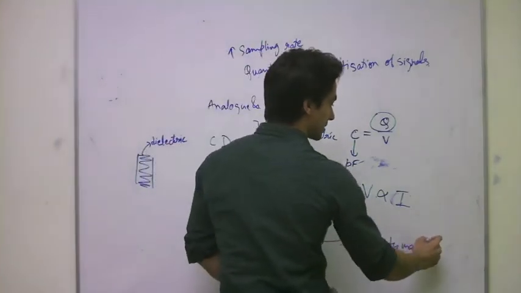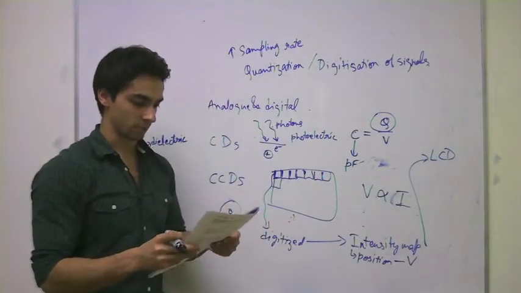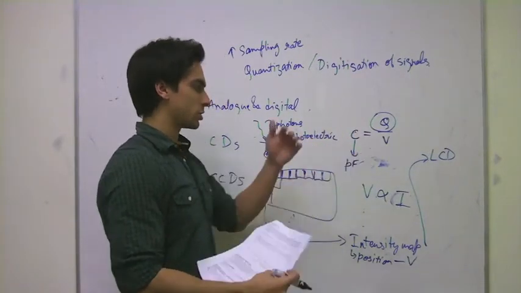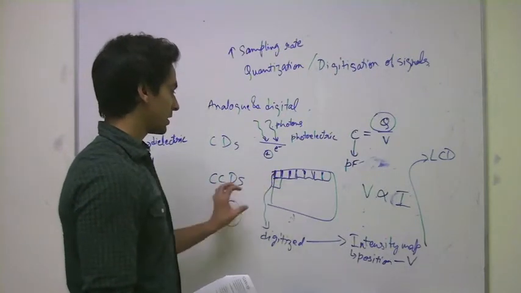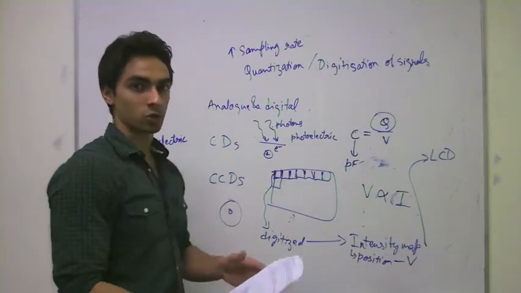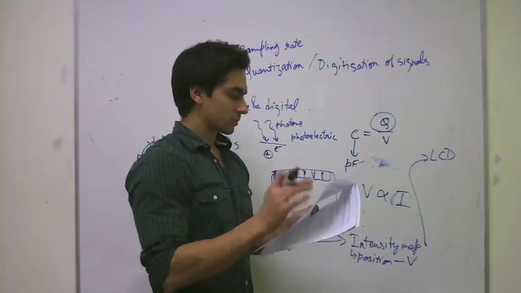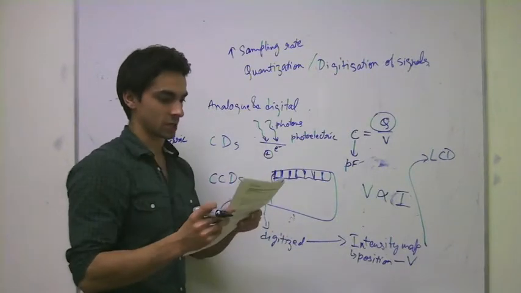This is then displayed on the LCD screen on a camera, for example. On the LCD screen you will be able to see a reproduced image of whatever this CCD had captured when the shutter was opened. So that's basically the working of a CCD.